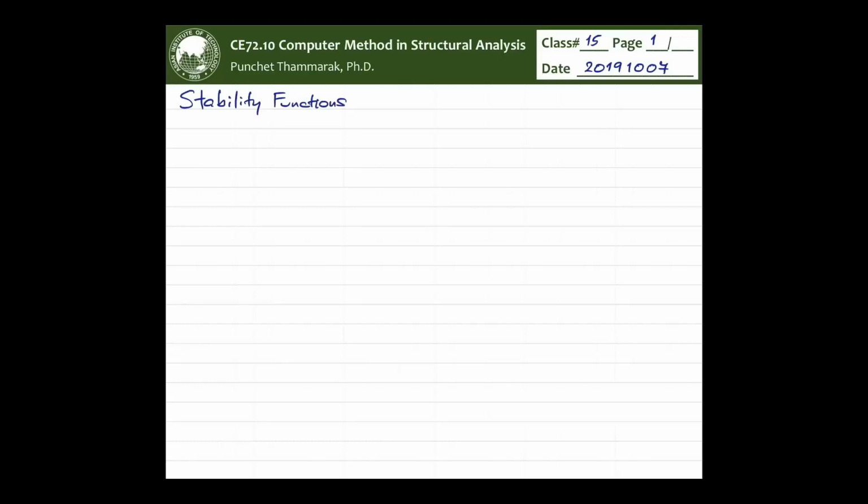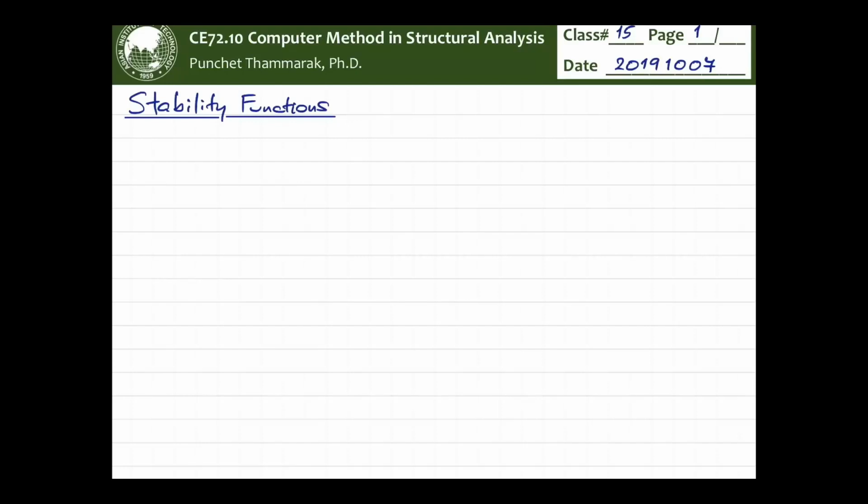These stability functions basically is just something that you used to see for like the 12, 6, minus 12, and 6, 4, minus 6, 2, minus 12, minus 6, 12, minus 6, and then 6, 2, 6, minus 6 and 4.